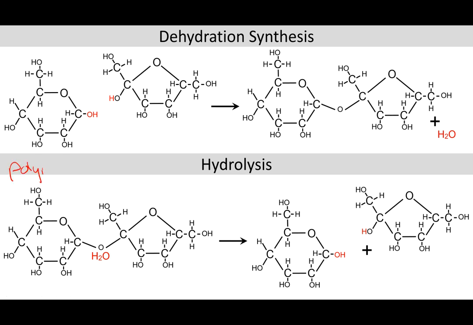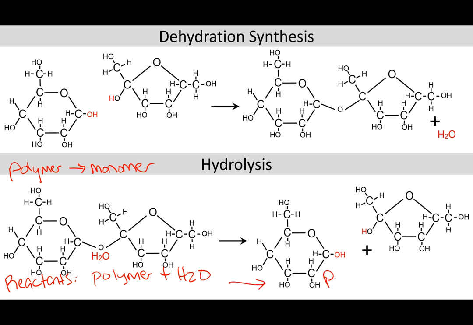So polymer to monomer. Your reactants are your polymer plus water. And you're going to produce your products, which are 2 monomers or monosaccharides, right?